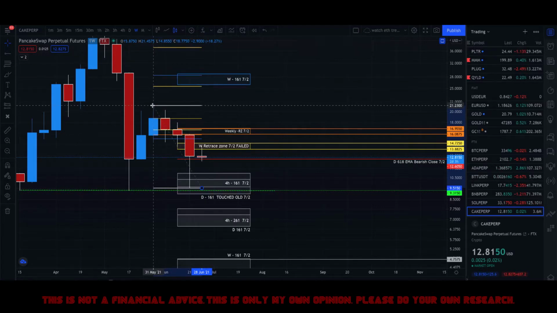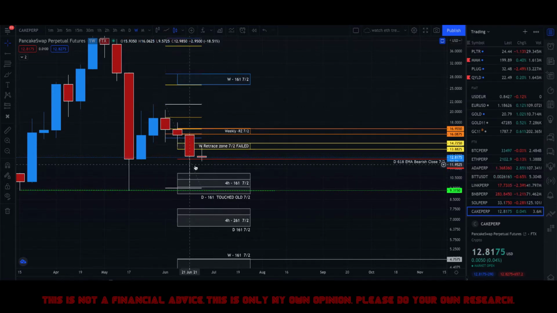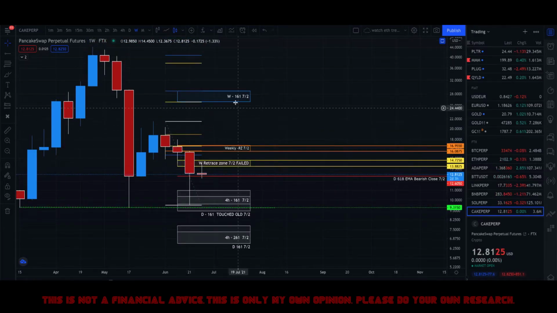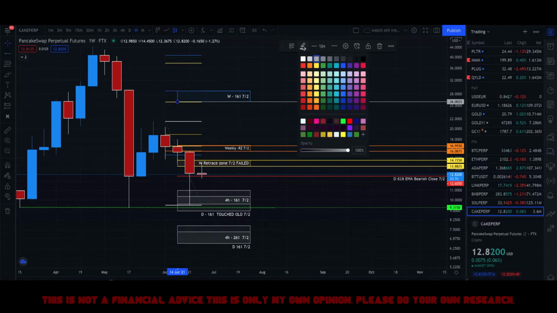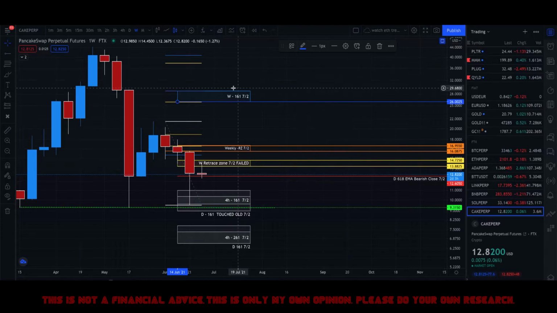And the 161 extension of the weekly for this move right here would be somewhere here, actually, on the 161 Fibonacci extension. It would be here between 26 and 28.